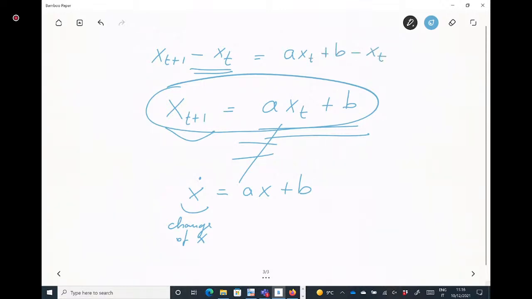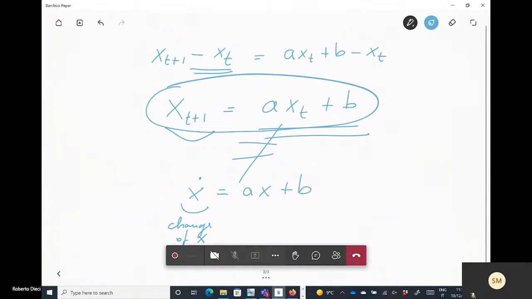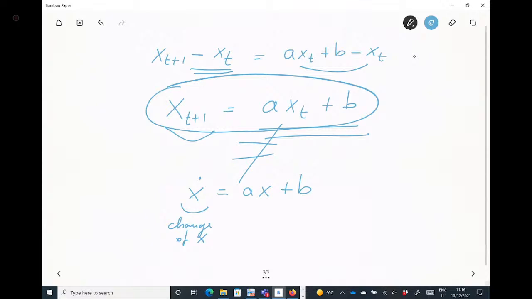Okay? So basically the equivalent continuous time model would be, so here you get a minus 1 xt, plus b. So in principle, if you replace this with the derivative, you get x dot is equal to a minus 1 x plus b.